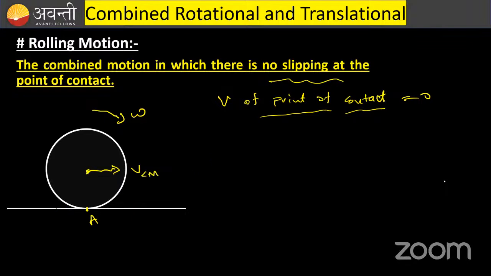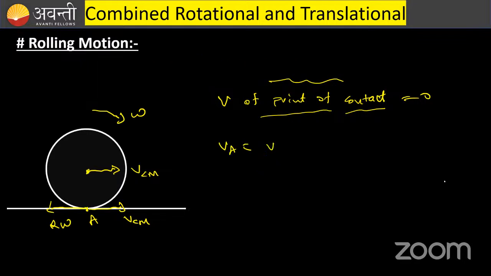There will be a rotational velocity, which will be r omega, and the linear velocity vcm. So the net velocity of point A is VCM minus R omega.